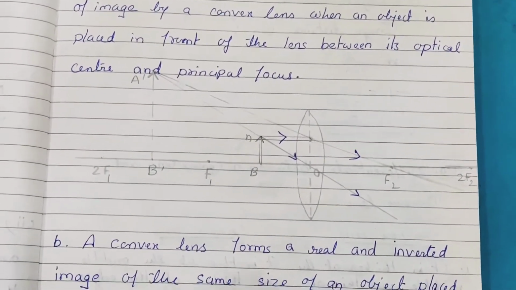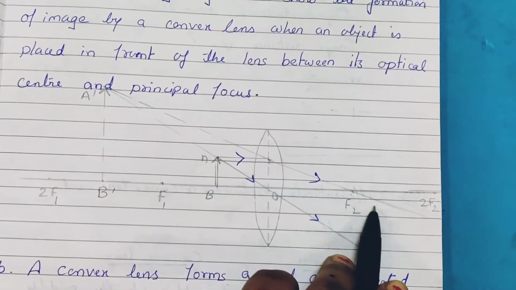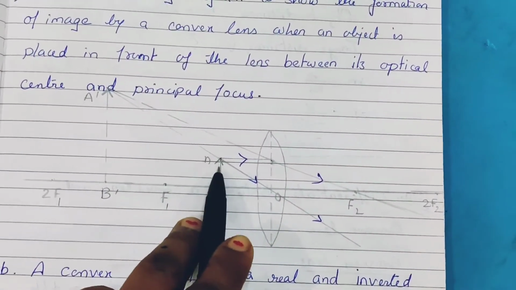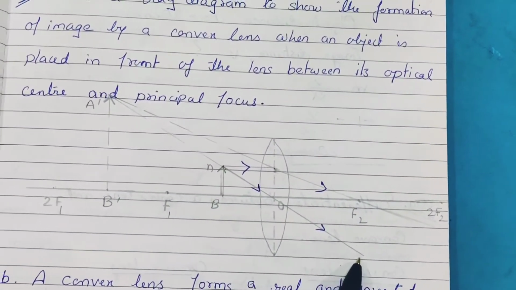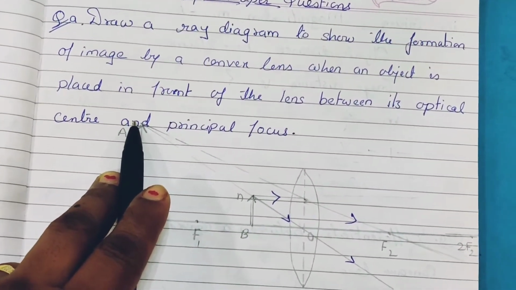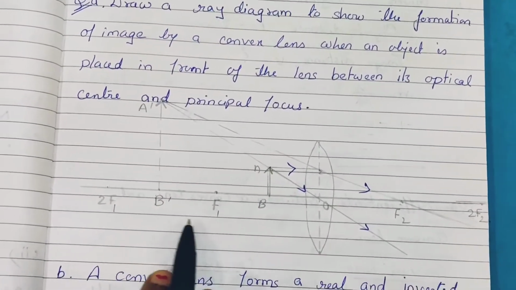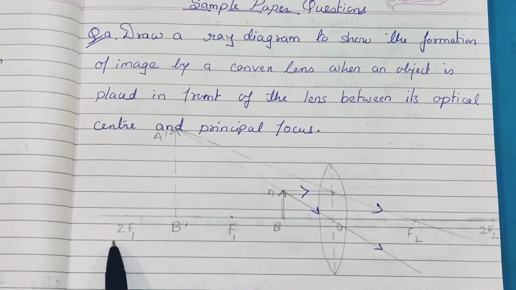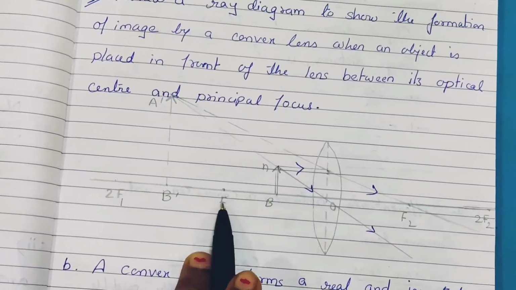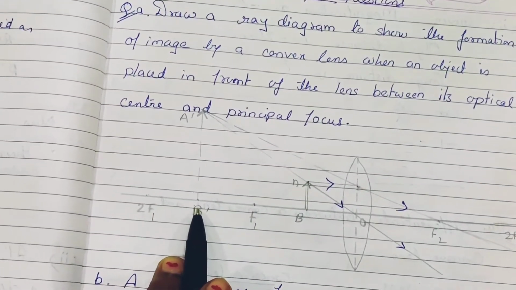When the ray of light is passing, it will go to the other side of the lens, through the focal length, and one ray will pass through the optical center, but the image is formed at the back side of the object, between f1 and 2f1. See, the object is between pole and the focus, but the image is formed behind the object.